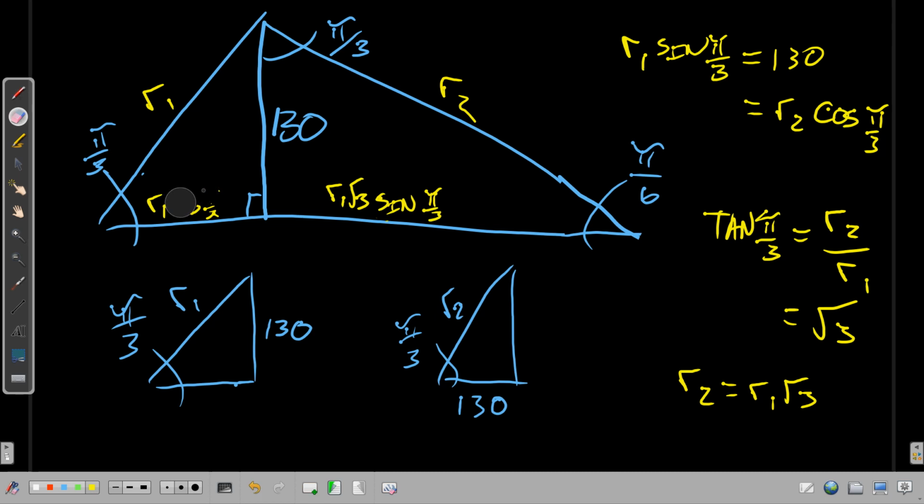And I know the cosine of pi over 3. It's 1/2. And I know the sine of pi over 3, it is square root of 3 over 2. So then this just says 3/2 of R1.